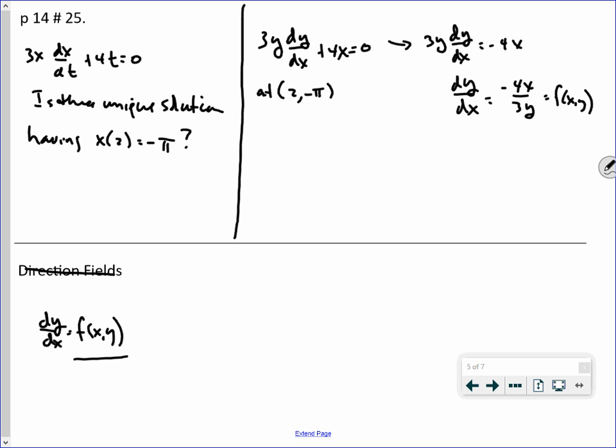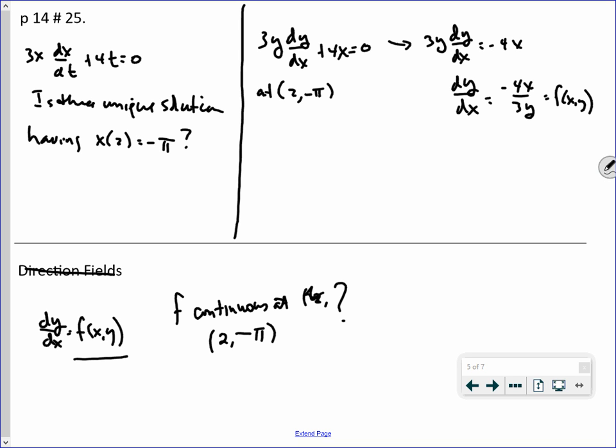We need to know: is f continuous at this point in question? Let people kind of catch up to me here.